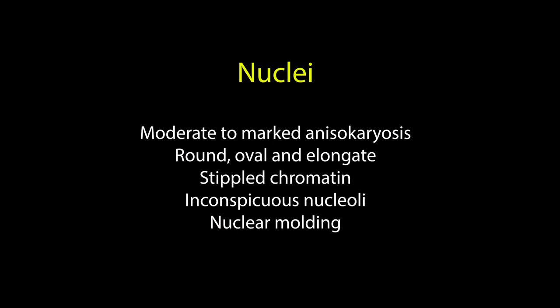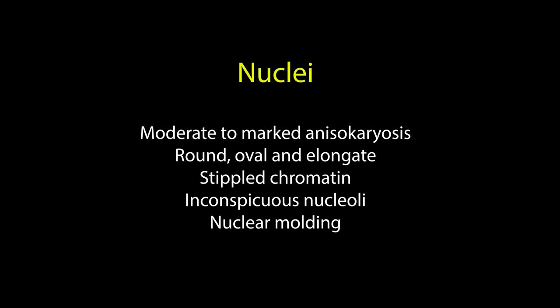Nuclei are very characteristic in neuroendocrine tumours. The degree of anisokaryosis varies according to the differentiation of the tumour. Carcinoids, which are well differentiated neuroendocrine tumours, tend to have less nuclear atypia than small cell carcinoma, for example.